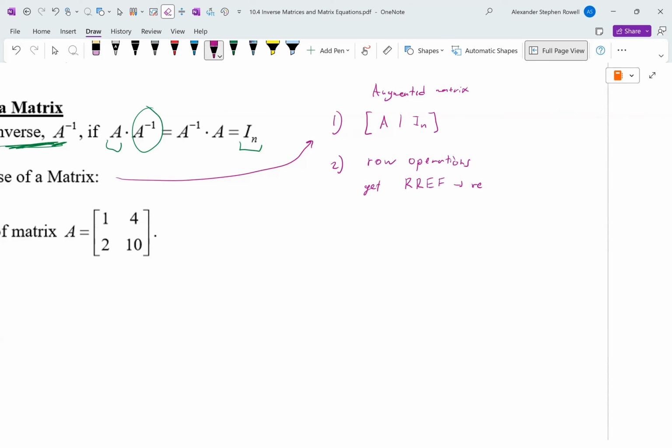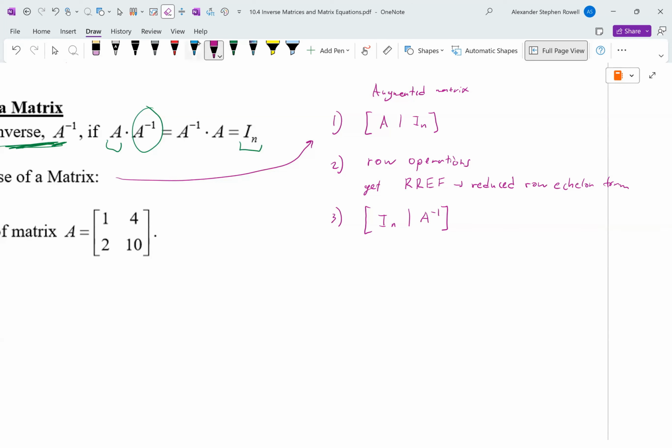You want to get reduced row echelon form. So what that means is we're going to get the identity on the left-hand side, and what we end up with on the right-hand side is going to be the inverse.